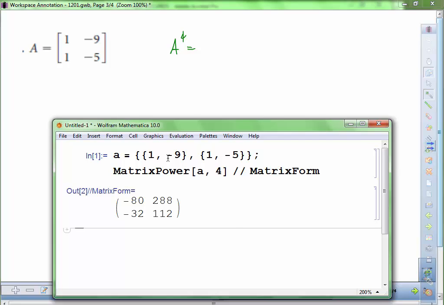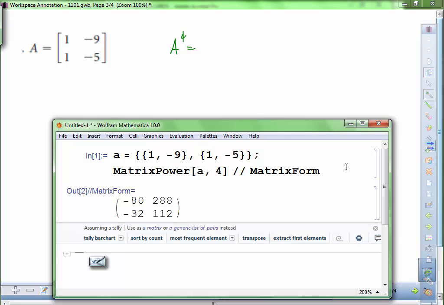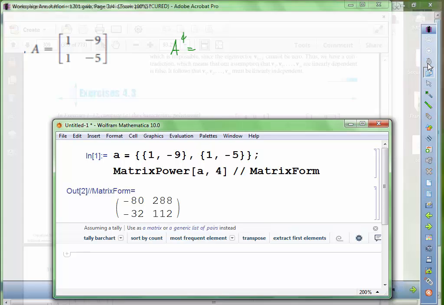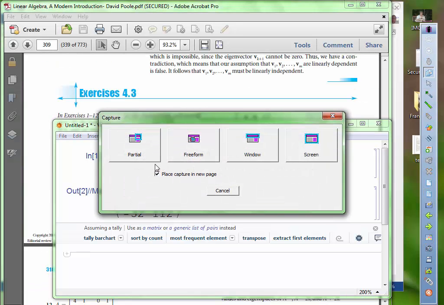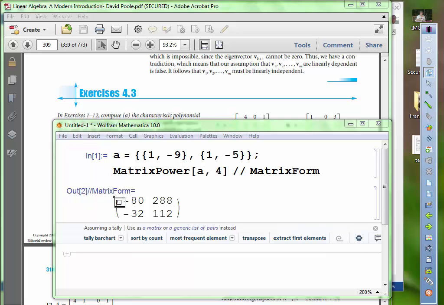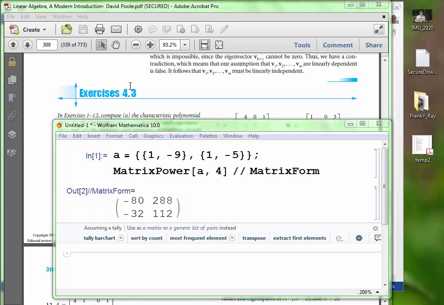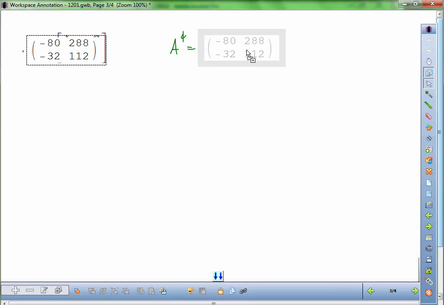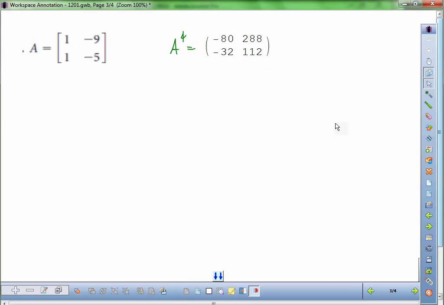So this is our new matrix. And let's find the eigenvalues of this. Should we do this by hand or should we let Mathematica do it? Are you guys comfortable with finding eigenvalues and eigenvectors? Okay, so let's just have Mathematica do it.